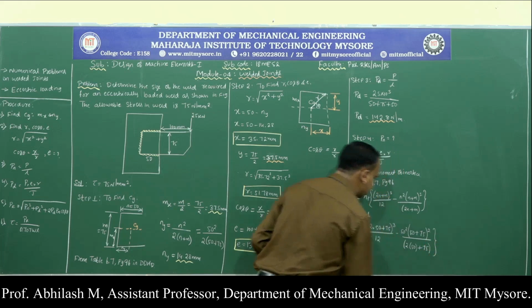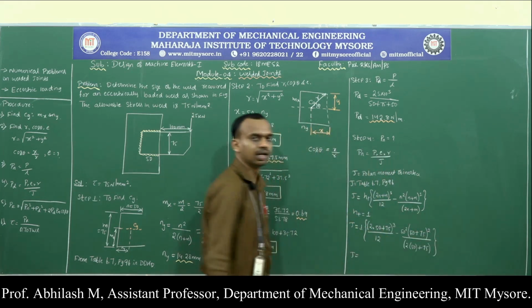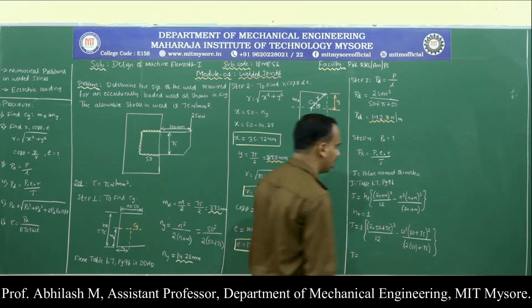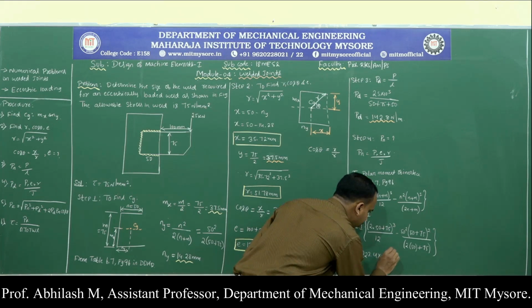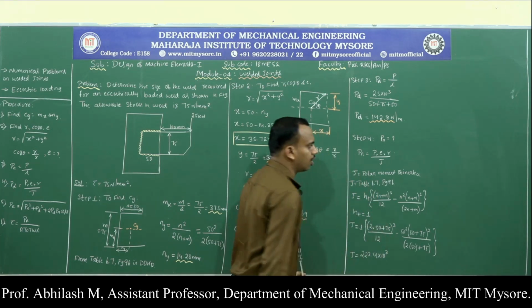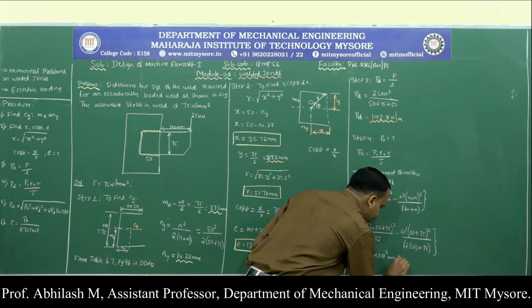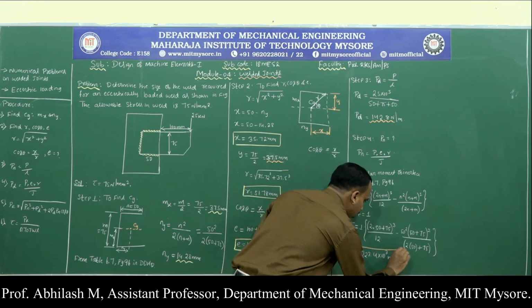So after substituting all the values and calculating this equation, we are going to obtain the value of J to be 223.4 into 10 to the power of 3 millimeter to the power of 4.